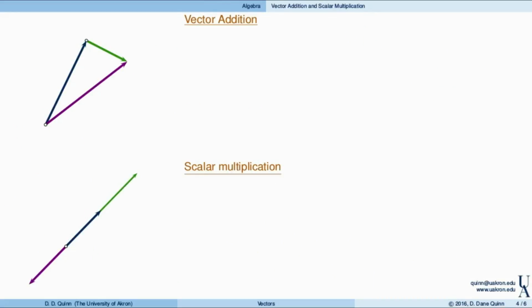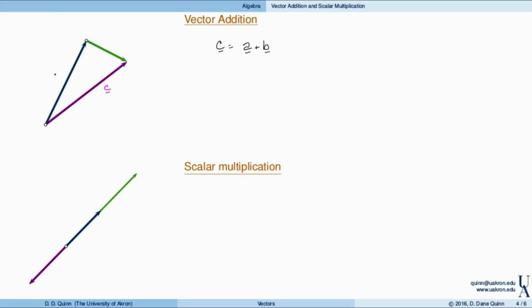So now, we had said that vectors obey a number of different laws, including vector addition, which we'll look at first, and scalar multiplication. So here, assume that I have three vectors. I have some vector, say, c, and c is going to be equal to a plus b.